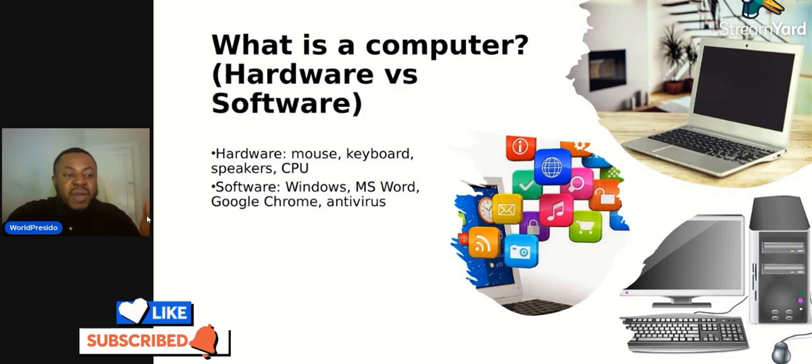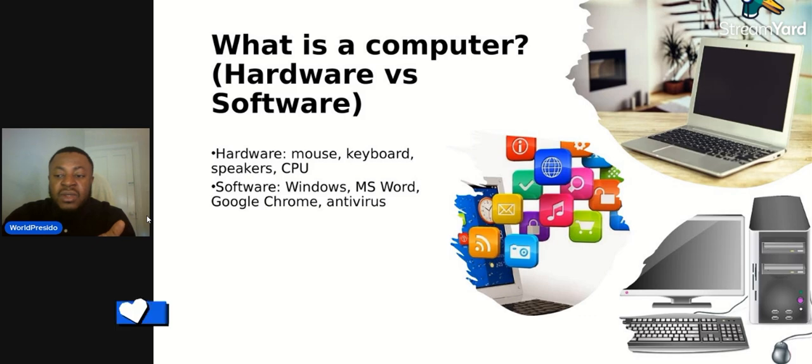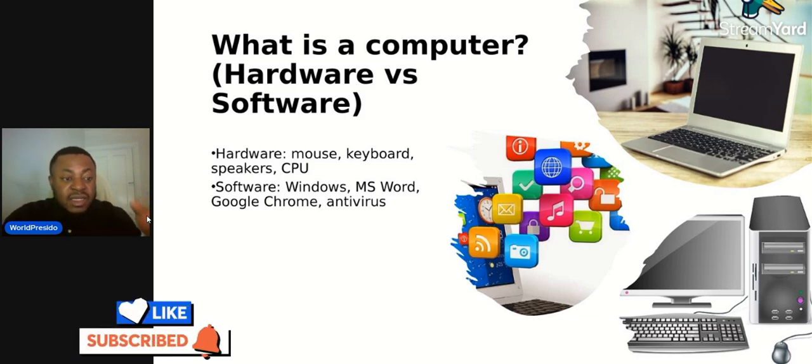So the physical parts you can touch, like if you see on the screen, the monitor, the CPU, the keyboard, the speakers, the mouse. These are the things you can touch in a computer, right?